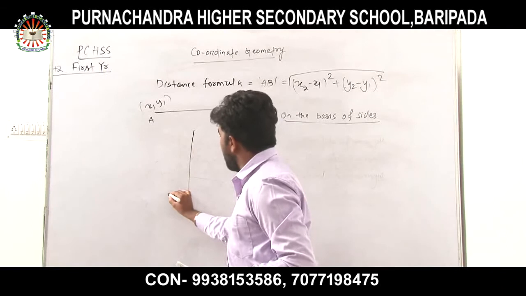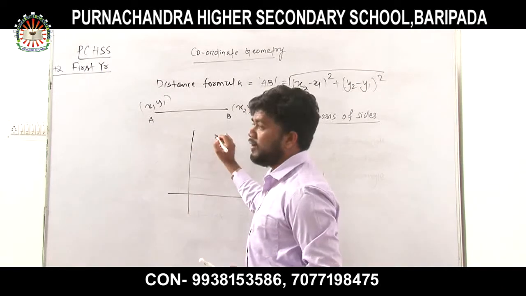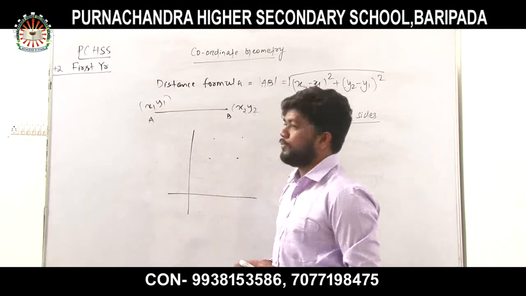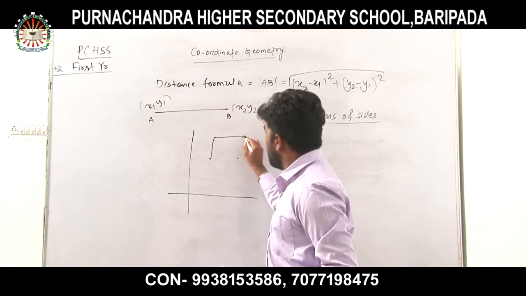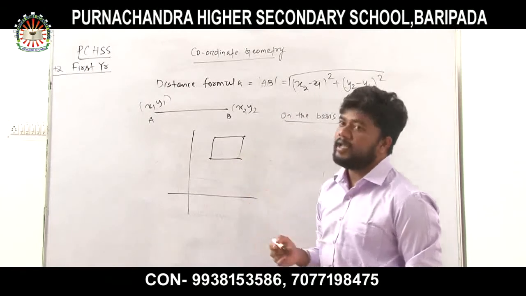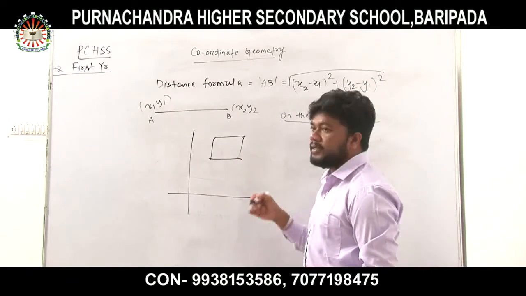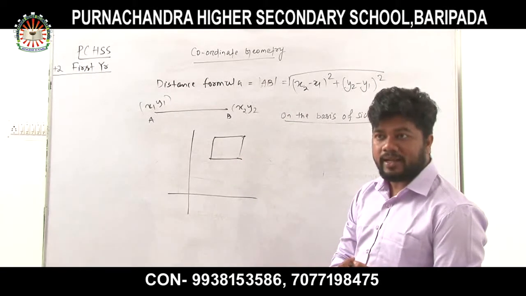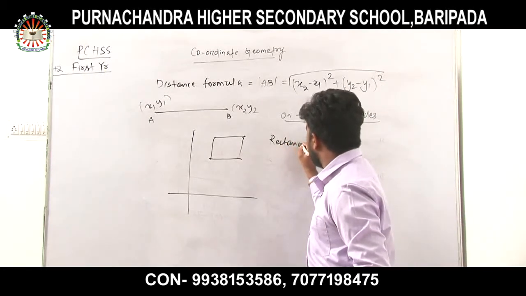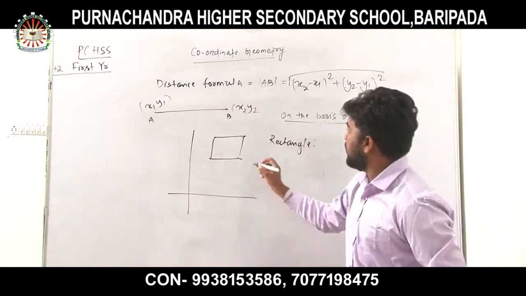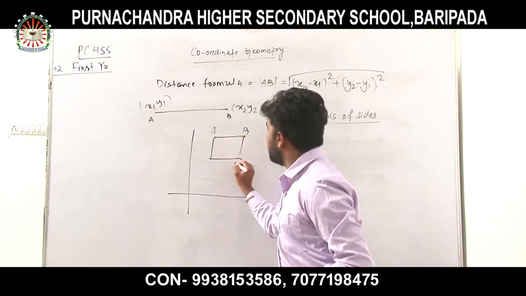If in your coordinate plane 4 points are given, it may be a rectangle. The property of a rectangle is that opposite sides are equal.